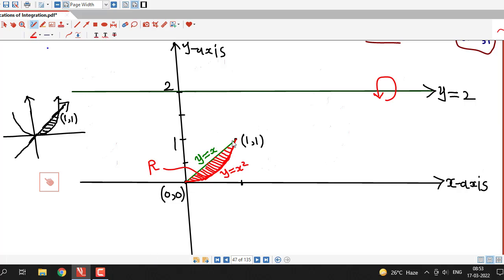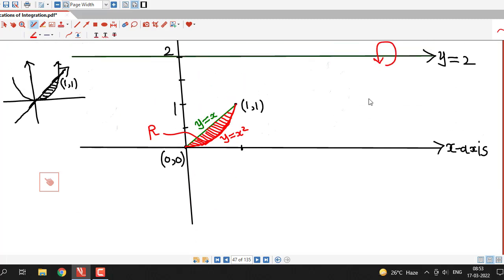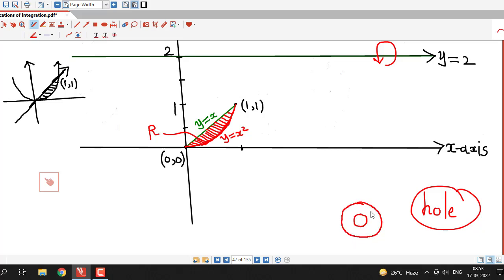Again I repeat, the solid generated by rotating this plane region about the line y equal to 2 will have a hole inside it. So the cross section of that solid perpendicular to the axis of rotation will be a washer. We can find the outer and inner radius for that washer from this plane region only.